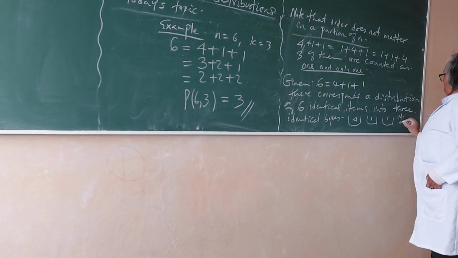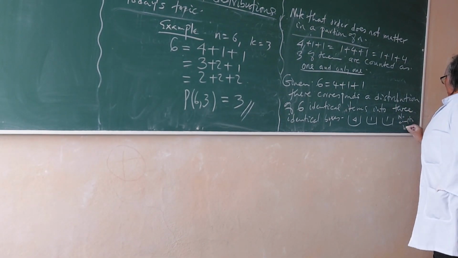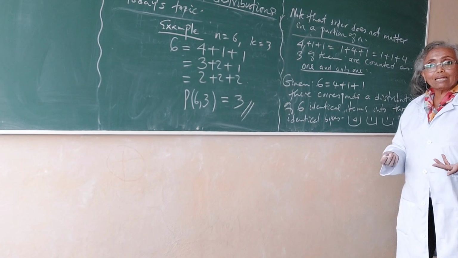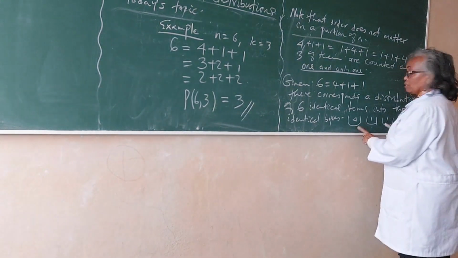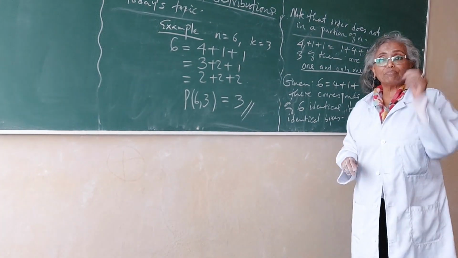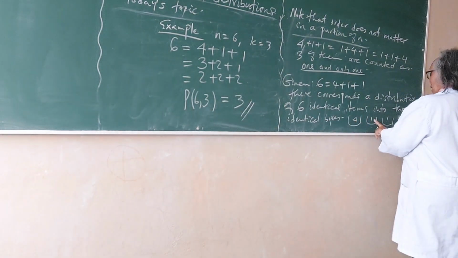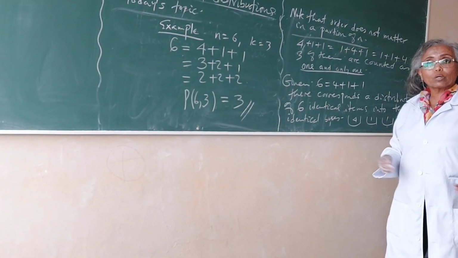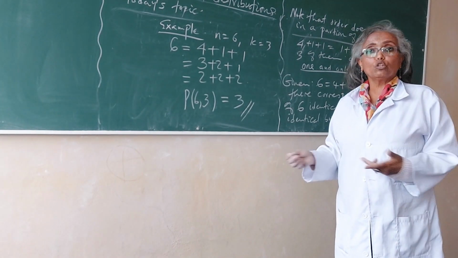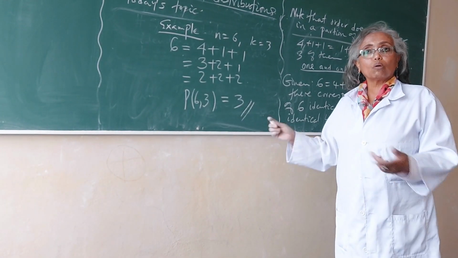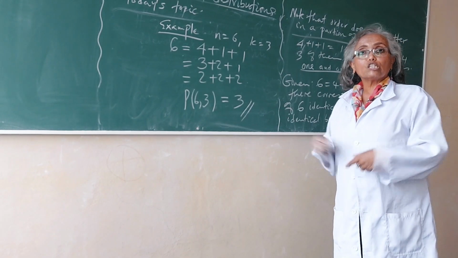So I have no empty box here. Again, given this distribution, where there is no empty box, I can simply express 6 as 4 plus 1 plus 1. It doesn't matter, as I told you, it can be 1 plus 4 plus 1 or 1 plus 1 plus 4. There is no difference.